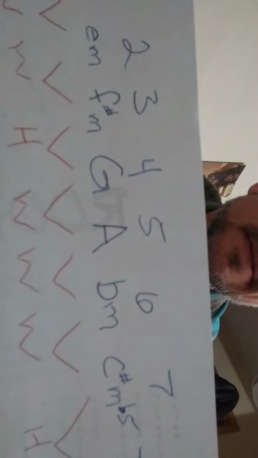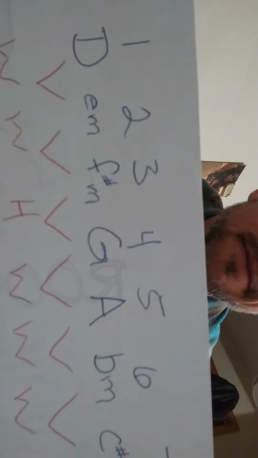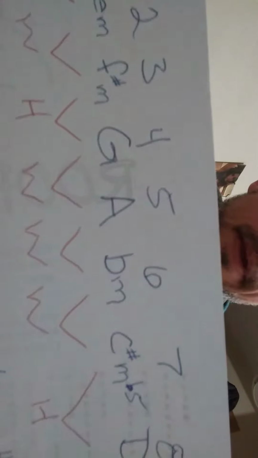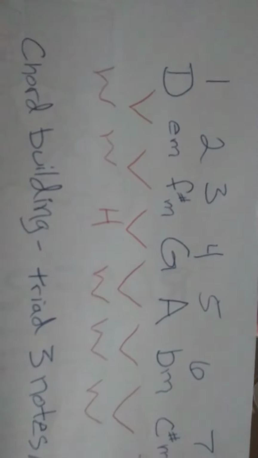I got that by writing down the scale, being D, E, F sharp, G, A, B, and C sharp, using the major scale formula: whole, whole, half, whole, whole, whole, half. Now to build the D major, I used every other tone in the scale, starting with 1 being D, and 3 F sharp, and then 5 will have my A.